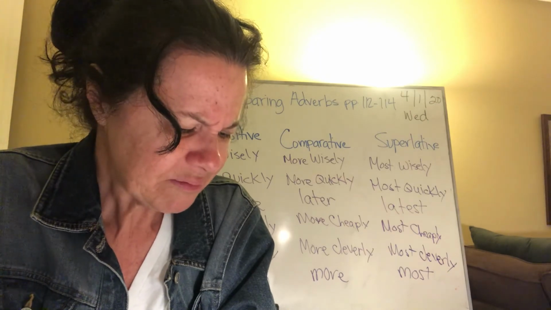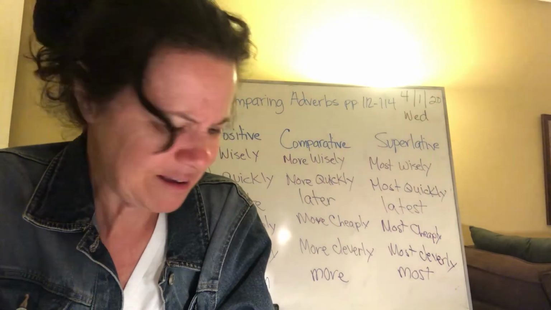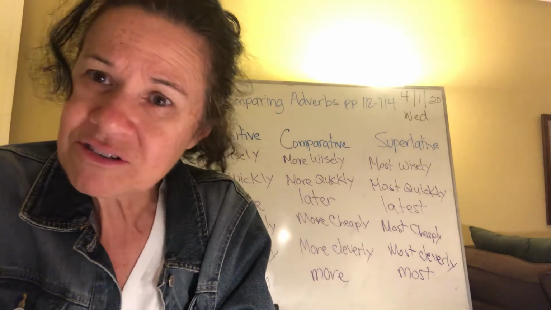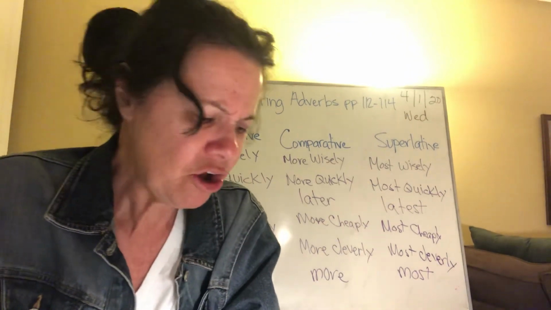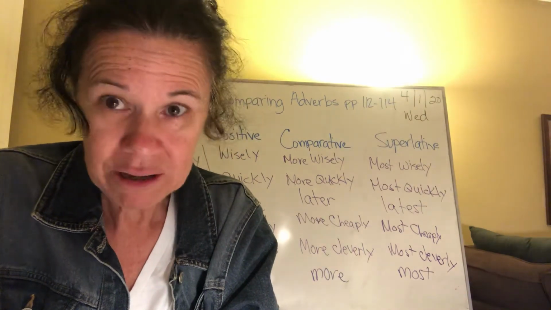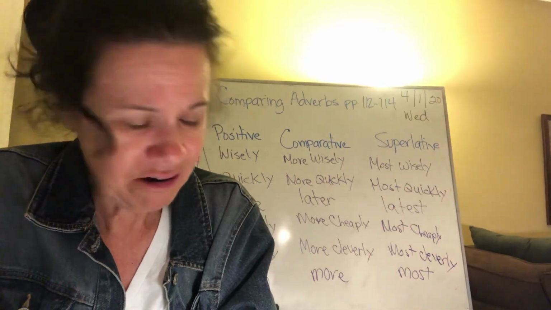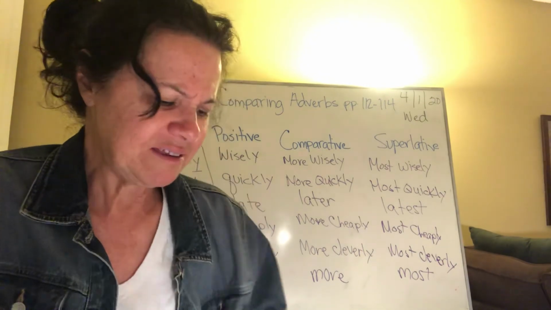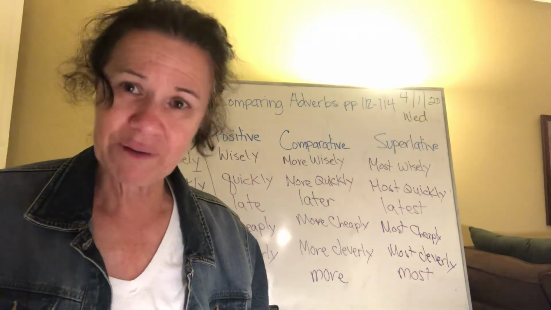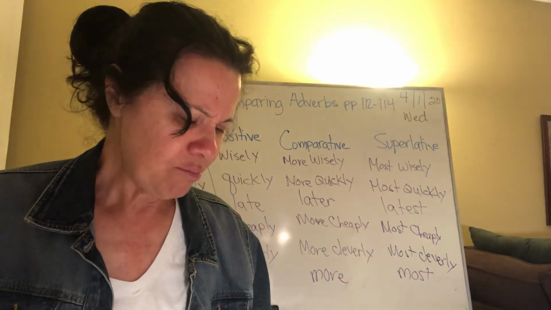Good. Look at number 3, careless. Would you say carelesser to compare? Or carelessest? I don't even know how to say that. No, you'd say more careless or most careless. Pretty typical of what we've been doing today, so you shouldn't have any problem with that.